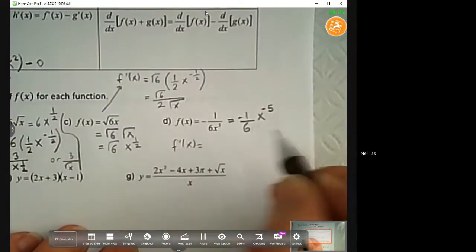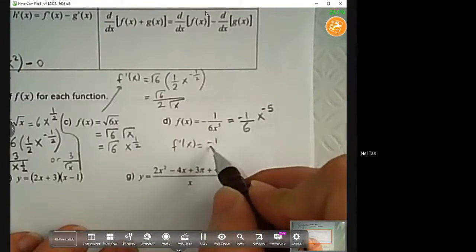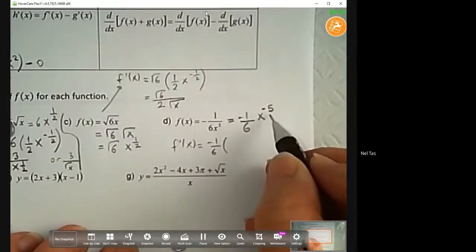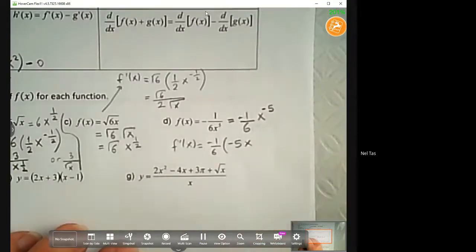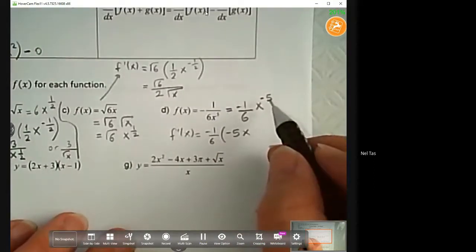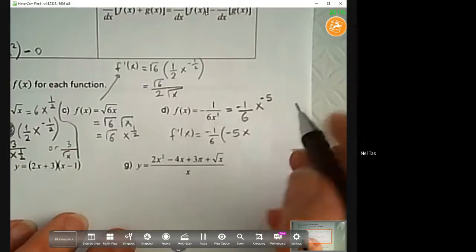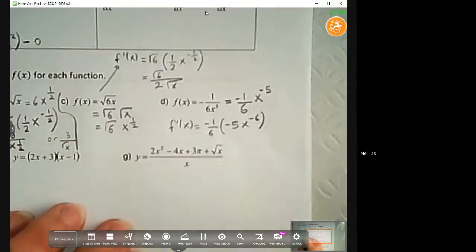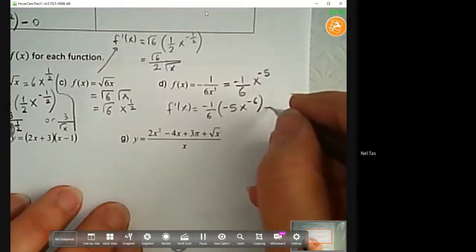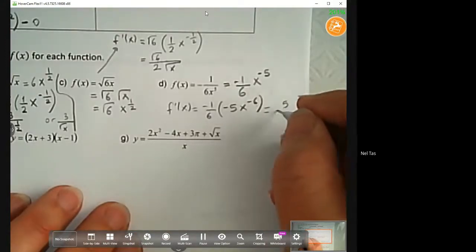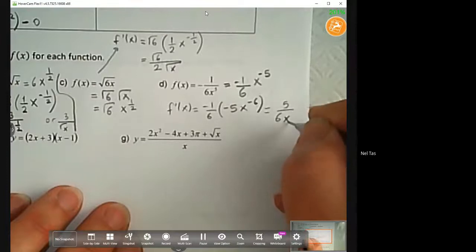So keep the constant negative 1 over 6. Drop the exponent in front, negative 5. Decrease the exponent by 1. Negative 5 minus 1 gives you negative 6. Then write it with a positive exponent. That gives you 5 over 6 x to the power of 6.